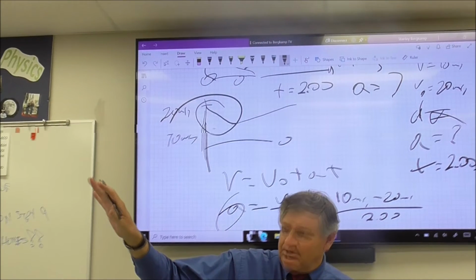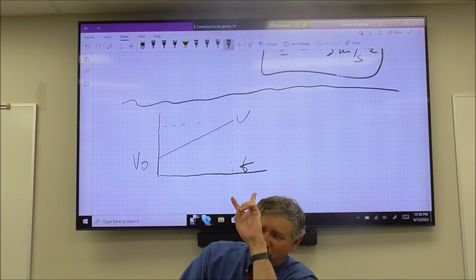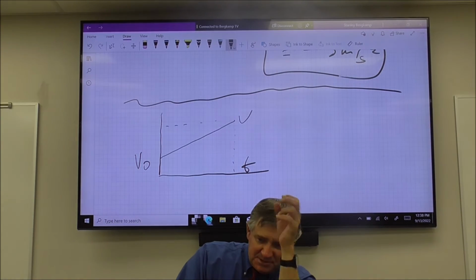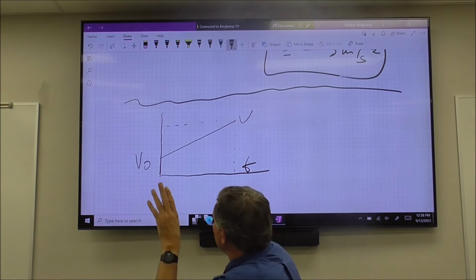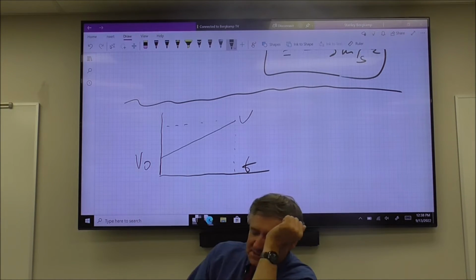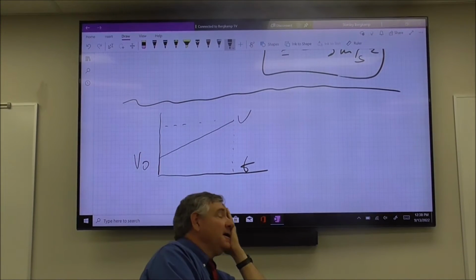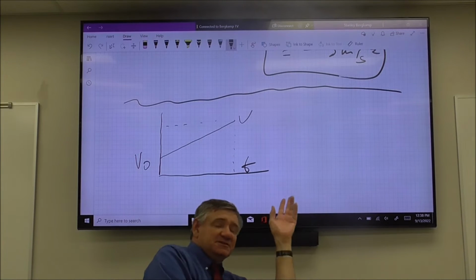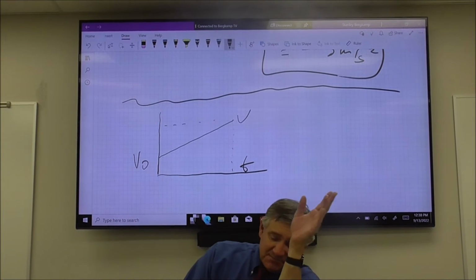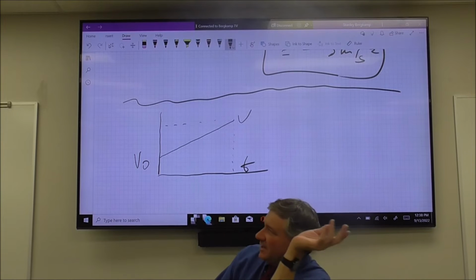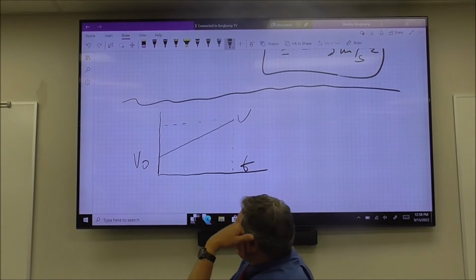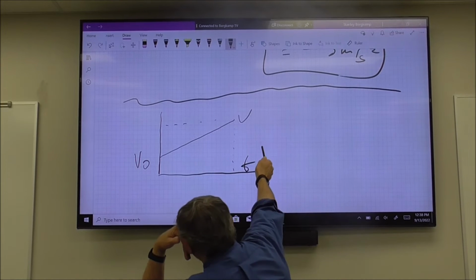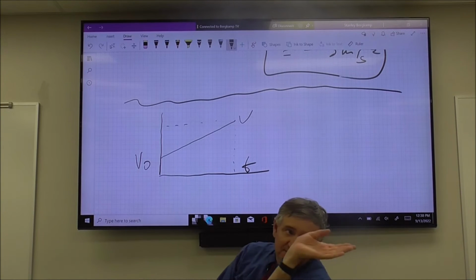Okay, stop that. Stand up. We need to come up with the second equation. Okay? So, some people kind of flip out on a problem like this. All I'm telling you is that some object is moving with some V naught. Maybe it's a mouse, a squirrel, a penguin, whatever. Okay? It has some initial velocity. It's going to speed up to some final velocity V over some amount of time.